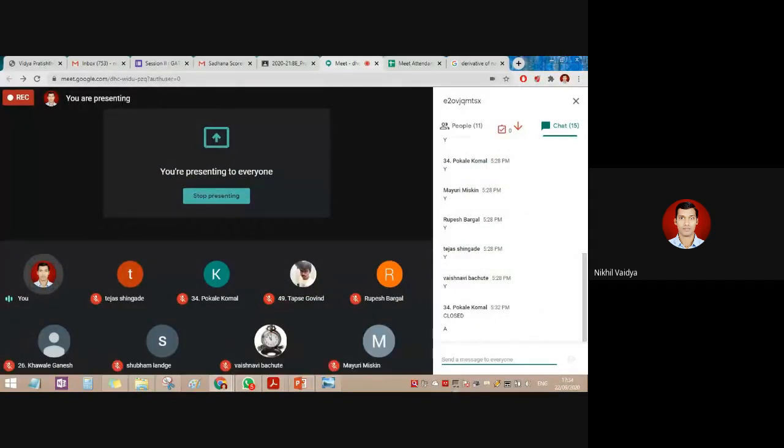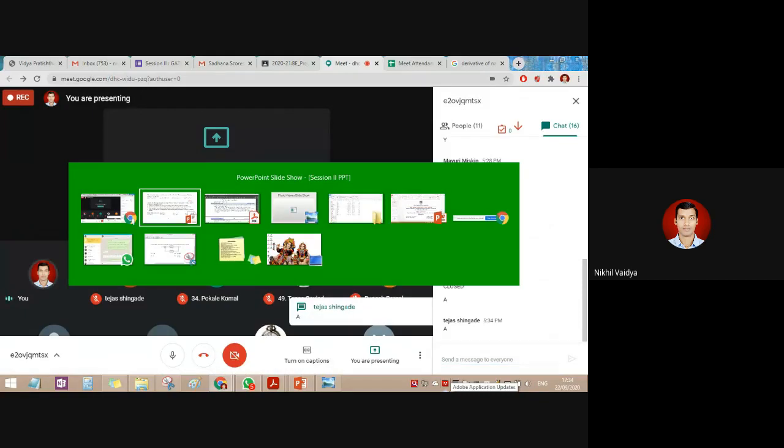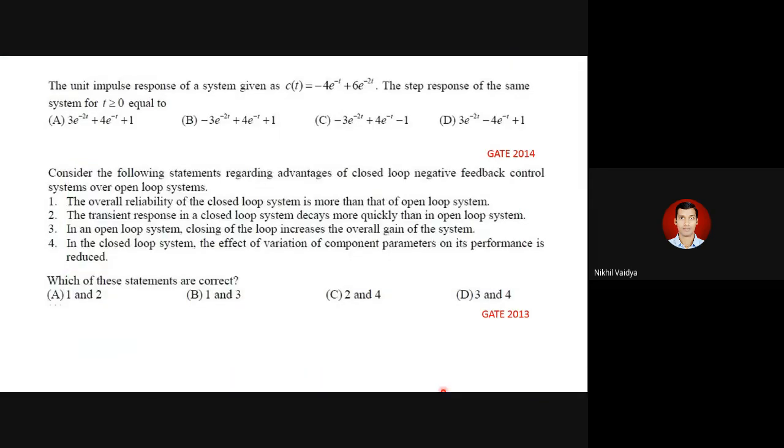Yes, Komal, you are correct. The correct answer is A. Very good. So this is a GATE 2013 question. The answer is A. These are the two things which are correct for the closed loop control system. The transient response in a closed loop system decays more quickly.